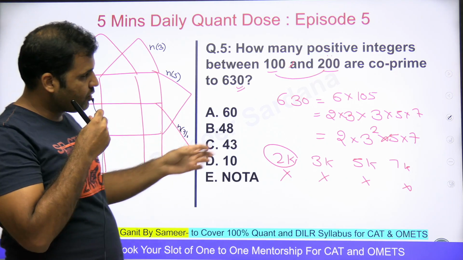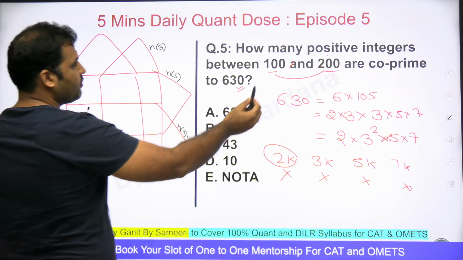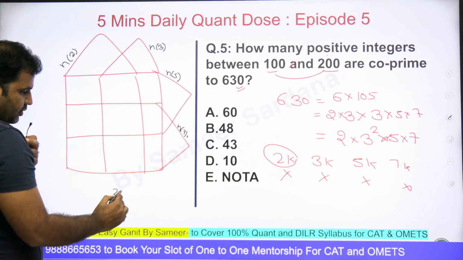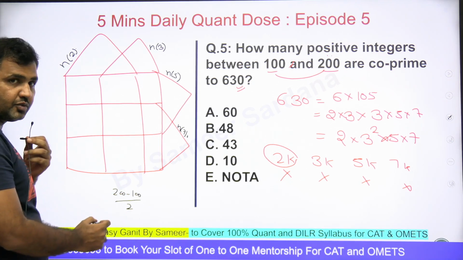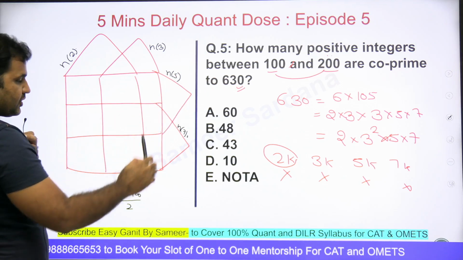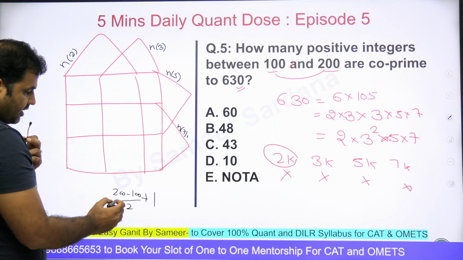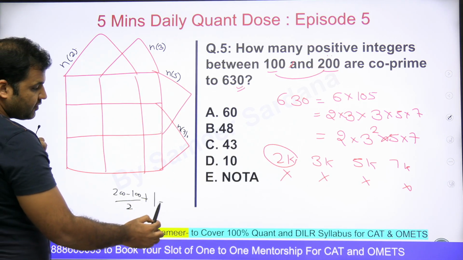Now 100 और 200 के बीच में 2 के multiples, right? If I want to find out the multiples, it's very simple. 200 में से 100 को minus करो. Every second number is a multiple of 2. And because the values at the extremes are also supposed to be included, तो 1 add करना पड़ेगा. 200 minus 100 हो गया 100. 100 by 2 50. 50 plus 1 is 51.